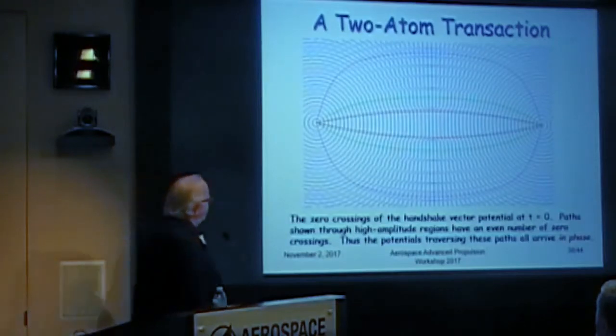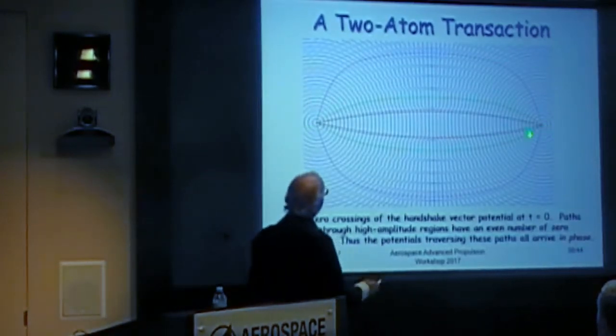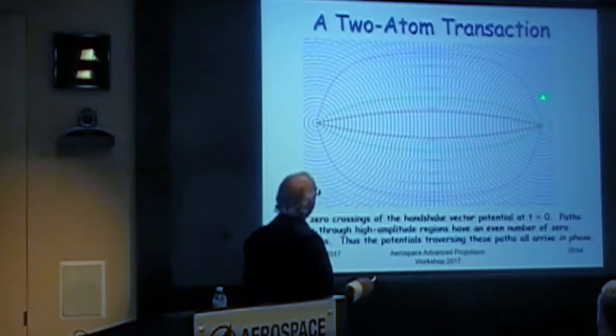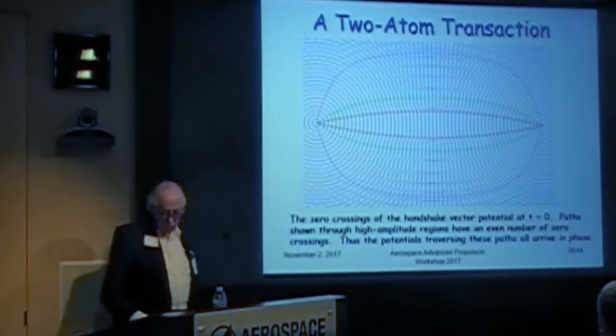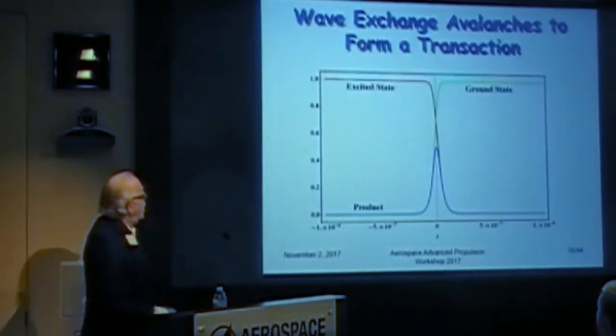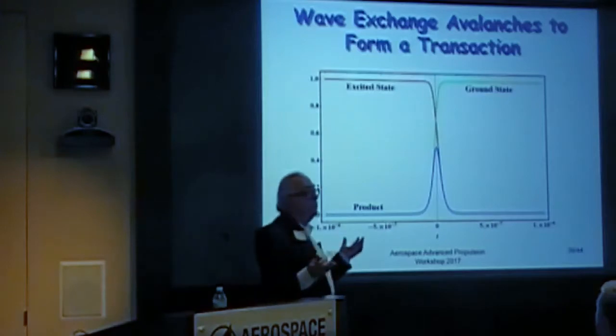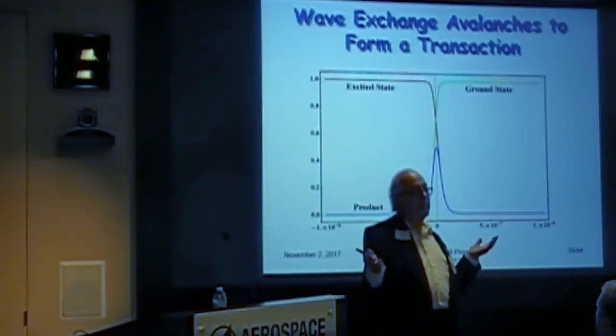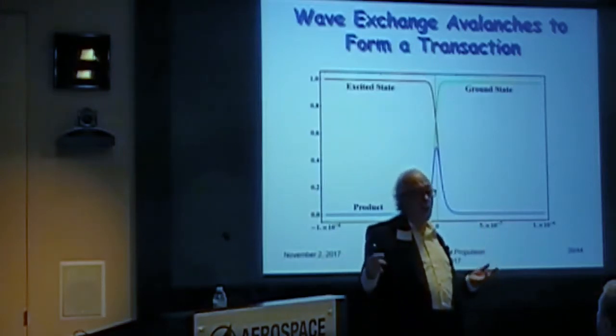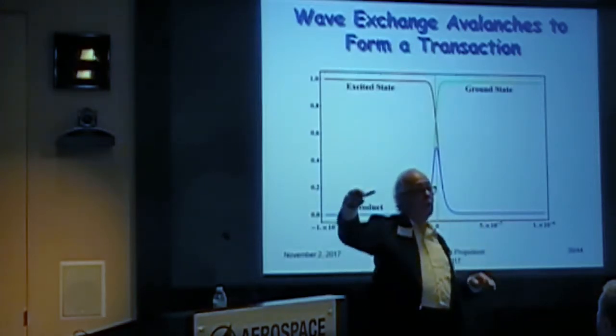And if you look at the waves in this situation, if you trace the paths of zero phase, you find that you have things going from here to here, all arriving in phase as they go across, traversing all these paths. And the result is that you have an unstable situation. You have two dipole oscillators, and they're each increasing the amplitude progressively of the extra perturbed state on the other side.